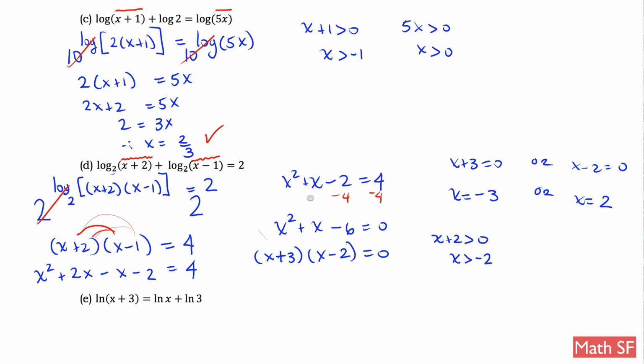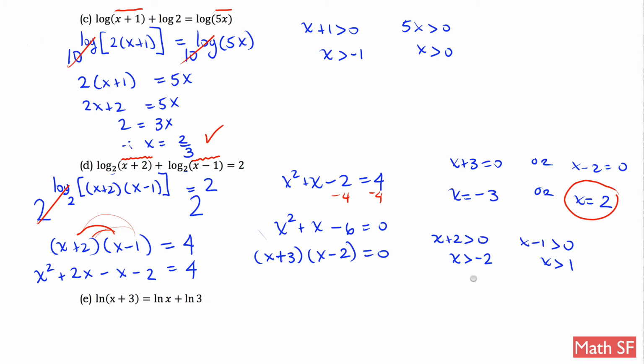At the same time, x minus 1 should be greater than 0, so x should be greater than 1. We have to satisfy both conditions, and I believe the only one that satisfies this is this one here.